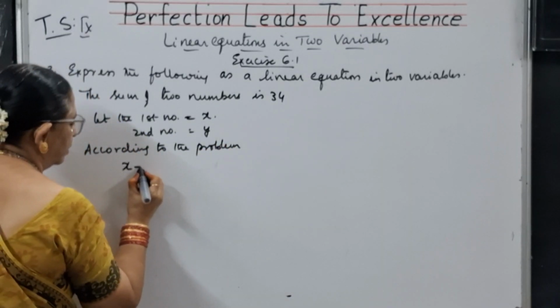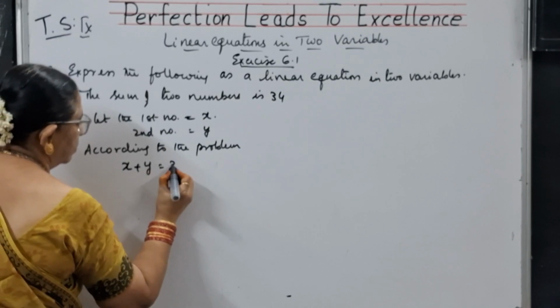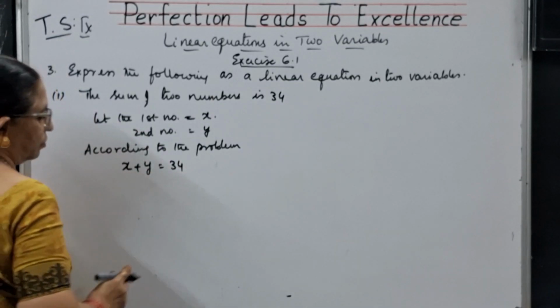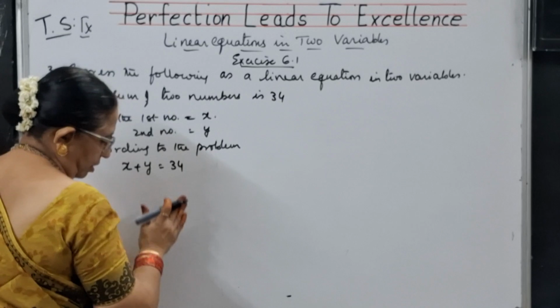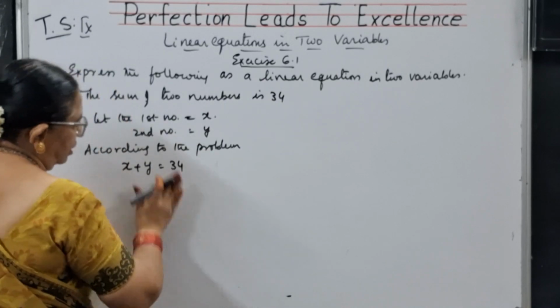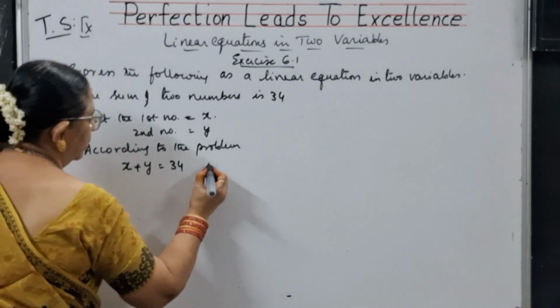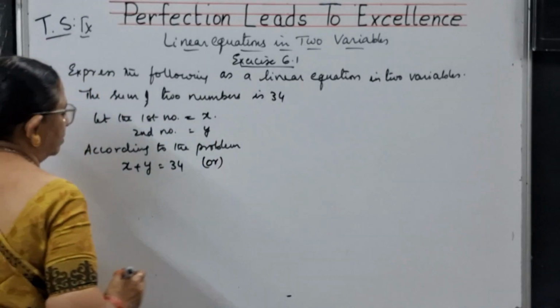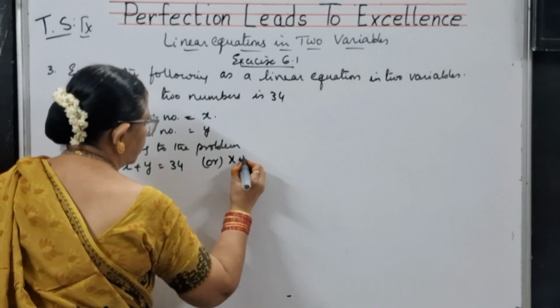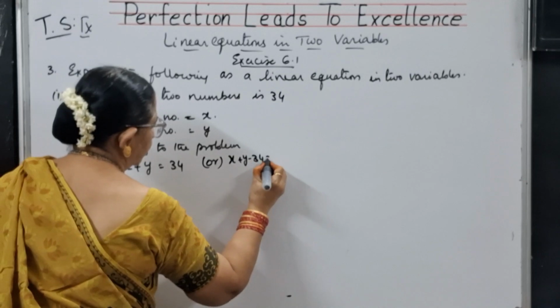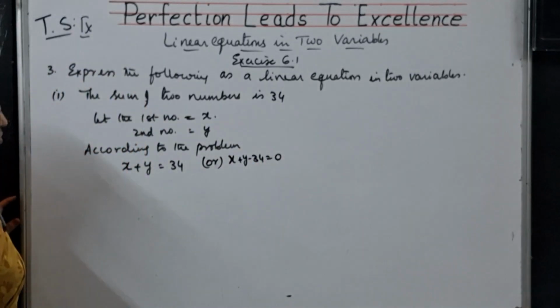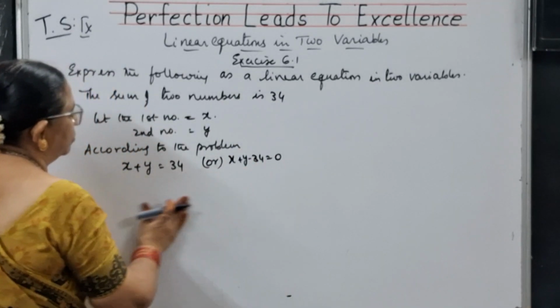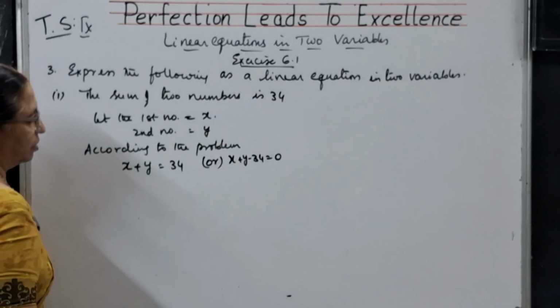Sum means addition. x plus y is equal to 34. So, this is a linear equation in two variables. If you want to write it as ax plus by plus c is equal to 0, you can write x plus y minus 34 is equal to 0. So, any one out of these two is correct, children.